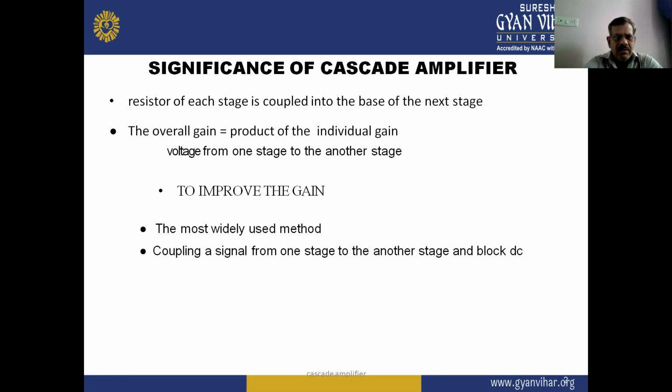The output of each stage is coupled into the base of the next stage. So this is the coupling between two amplifiers by resistance or capacitance components, and we connect one stage to another stage by the use of resistor and capacitance.